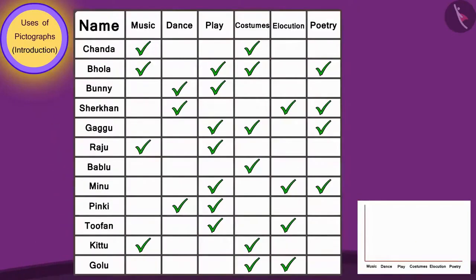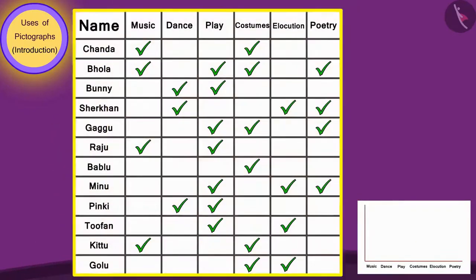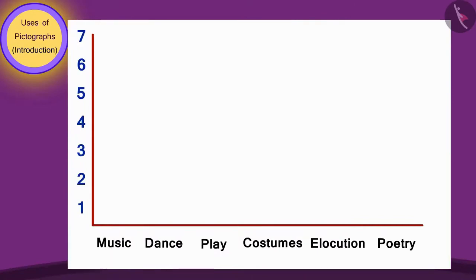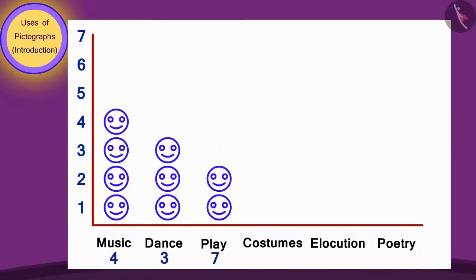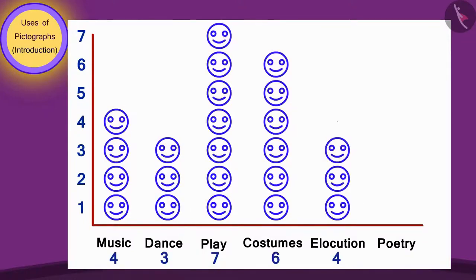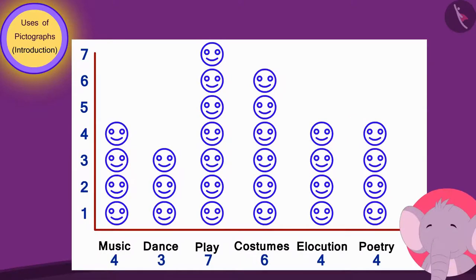Now, Appu once again looked at Babban's table and made some symbols of faces on top of the names of each program and told Babban, Look, Babban, you can find out how many children have participated in each program with the help of this pictograph.